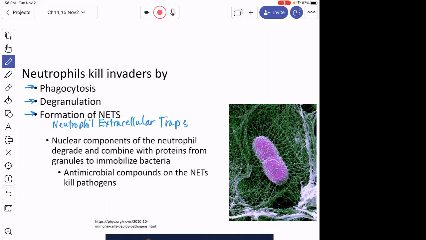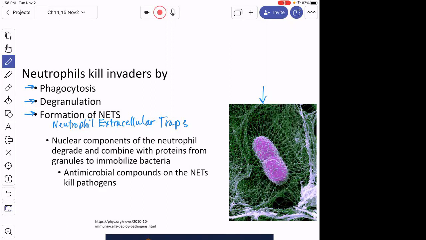And so you can see this over here, this poor Klebsiella pneumoniae bacterium has been caught in one of these neutrophil extracellular traps. And you don't see the neutrophil in this picture because basically the neutrophil has kind of blown itself up in order to immobilize this pathogen.